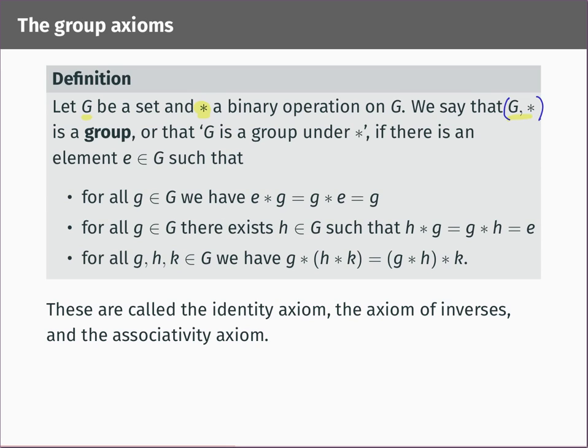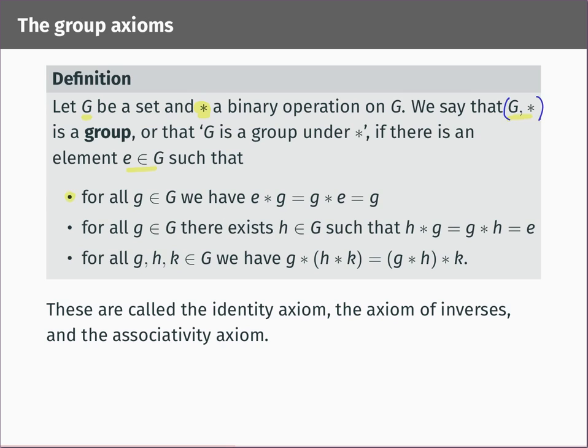Sometimes I may even do it. We say those two things make a group, or alternatively we say G is a group under star if there exists a special element E in G such that the following three things hold. These three things are called the group axioms.